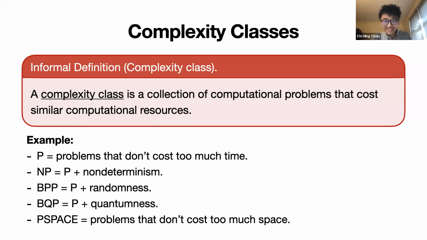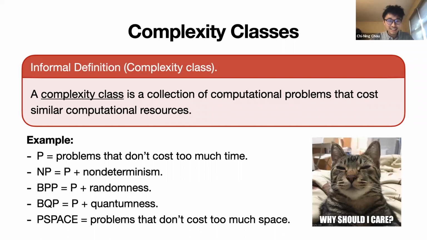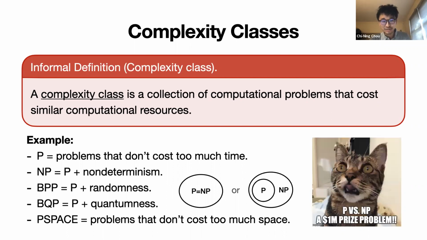Okay, so probably now some of you might already be overwhelmed by me, and you might think, okay, why should I care? These complexity classes seem like a puzzle. There are so many notations, it looks so complicated. But maybe one motivation for you is that actually, this is quite important.